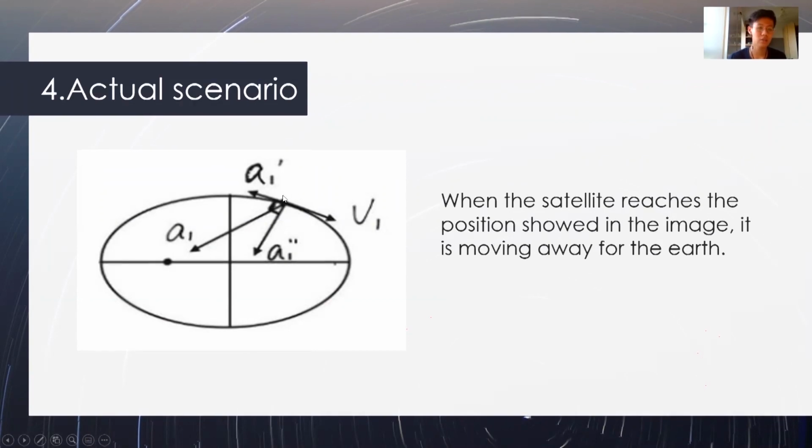When the satellite is at a position where it is moving away from the Earth, the gravitational force A1 can be divided into A1 prime and A1 double prime. A1 prime is opposite to the moving direction, which means it does negative work and slows the satellite down. A1 double prime is perpendicular to the moving direction, and it can change the direction of motion of this satellite.